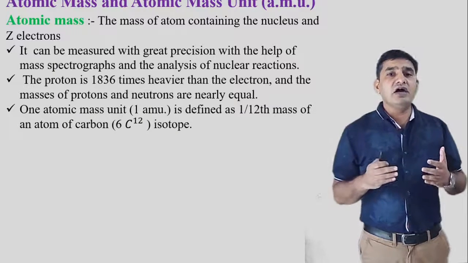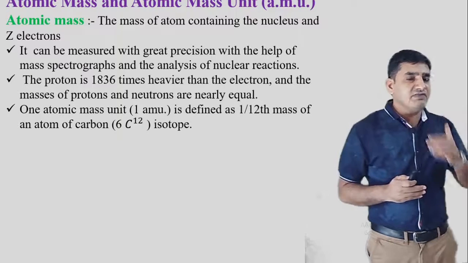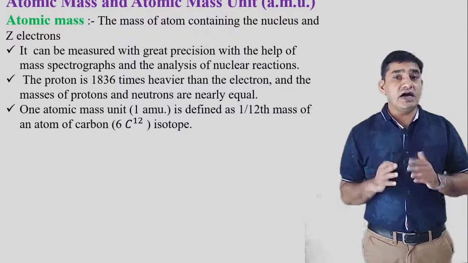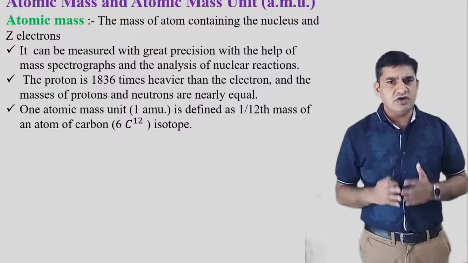Here, one atomic mass unit, that is 1 AMU, is defined as 1/12 of the atom of a carbon isotope, that is the carbon 12 isotope.